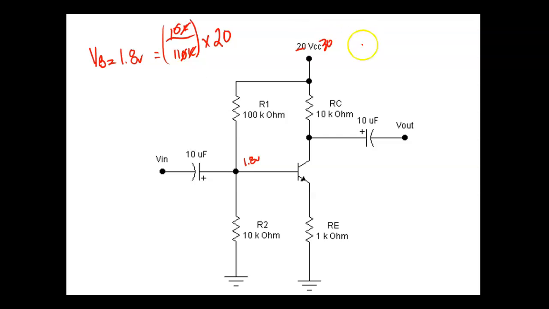So I want the voltage drop across R2. The voltage divider formula says VRX equals RX over RT times the source voltage. Of course, here it's going to be VCC. So what do I want the voltage drop across? I want it across R2. So VR2 would be equal to 10K over what's RT? 110K, right?